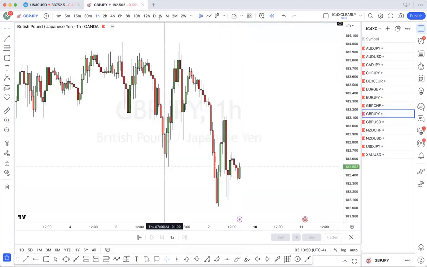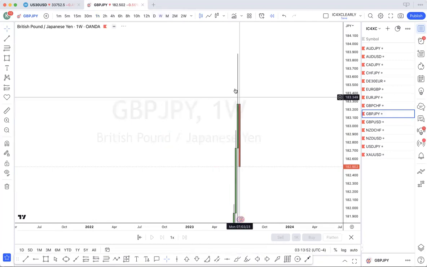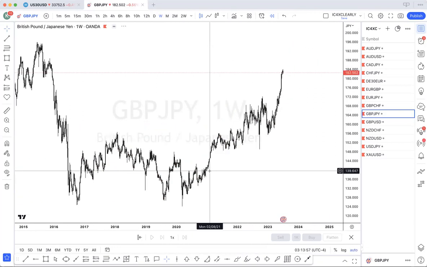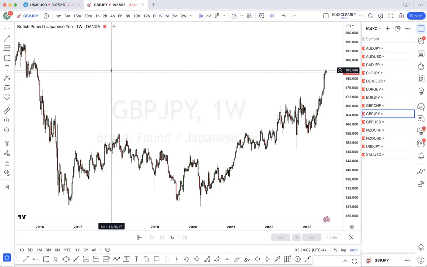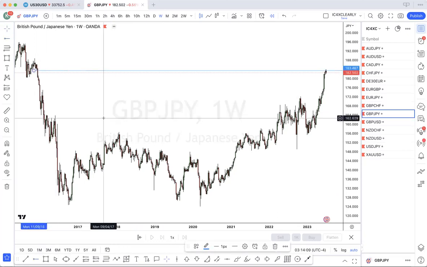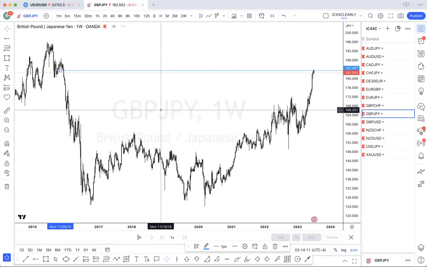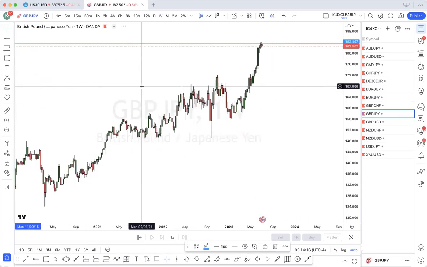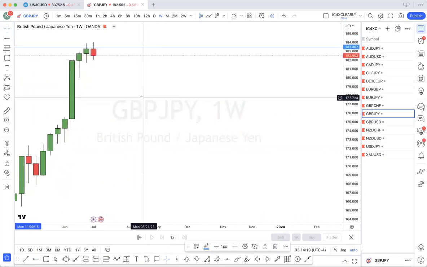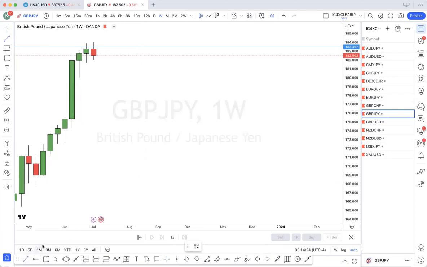GBP JPY is a weekly bearish order block. Price is still overall bullish. Price tapped and cleared this imbalance. Price has not broken these lows yet.